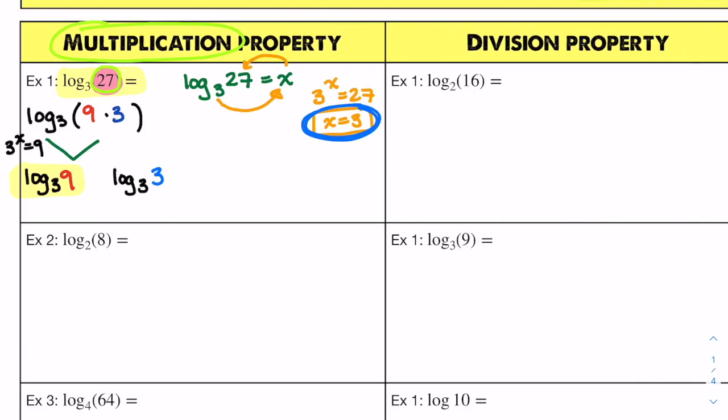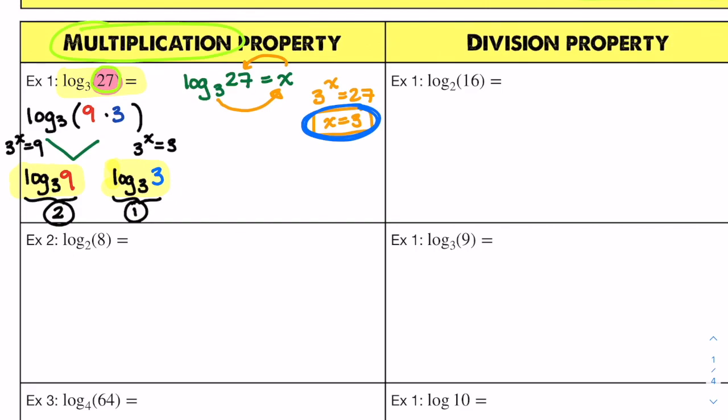If you know your powers well enough, you'll see that that's 2. Then using very similar logic, you should be able to do this log in your head. It's asking 3 to what power is 3? And if you know your exponents well enough, you should come to an answer of 1.